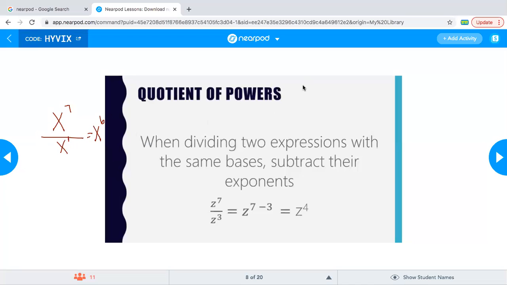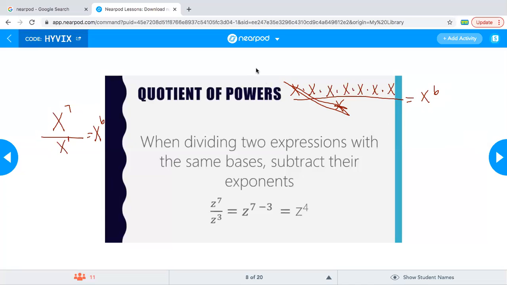And this is how you can think of it. If I had x to the power of 7, that's 7 x's multiplied together, 1, 2, 3, 4, 5, 6, 7, over 1 x. Well, one of them is going to cancel out on top and bottom, leaving you with 6 x's on top. So that's why it's x to the power of 6. Does that make sense? What I just did?